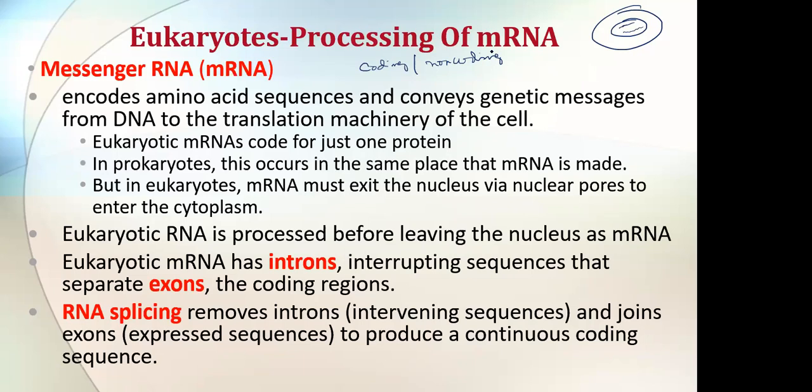DNA has both coding and non-coding sequence, and the messenger RNA is an exact copy, so it carries both coding and non-coding sequence. It will come out of the nucleus all the way to the ribosome, and the ribosome will read all of this. It will take time to go over all of it, plus it costs energy.